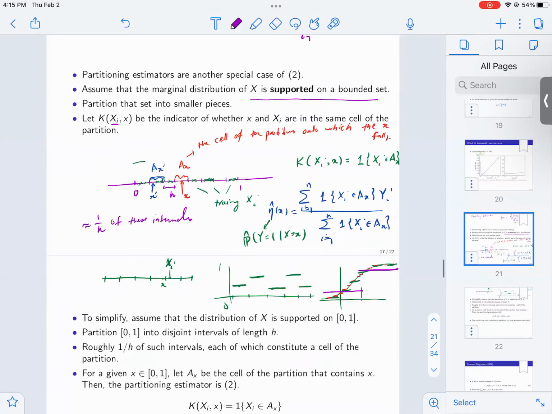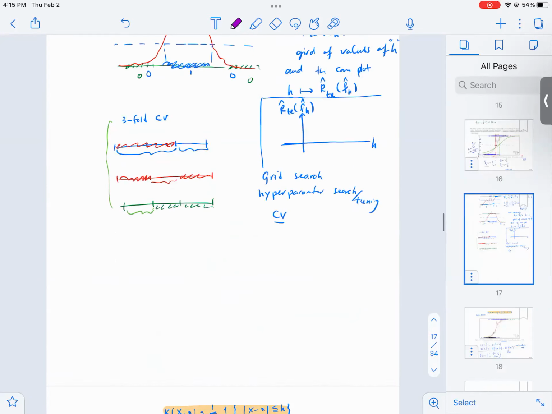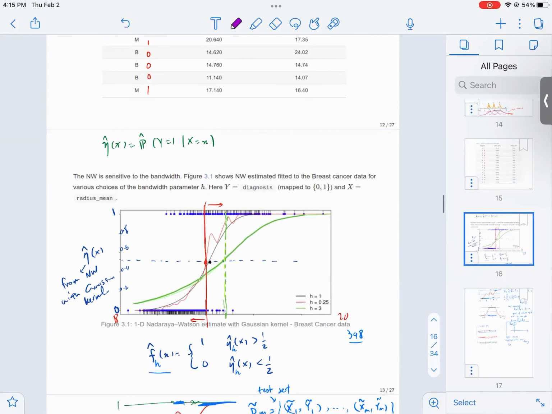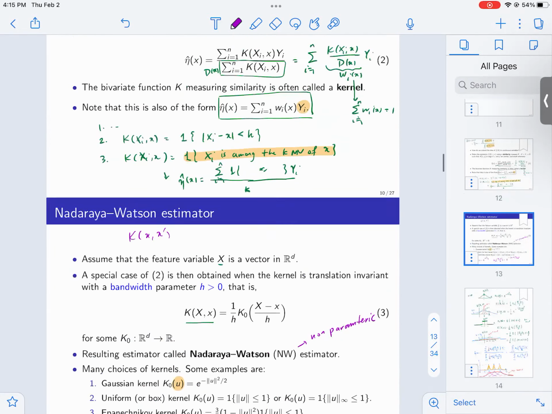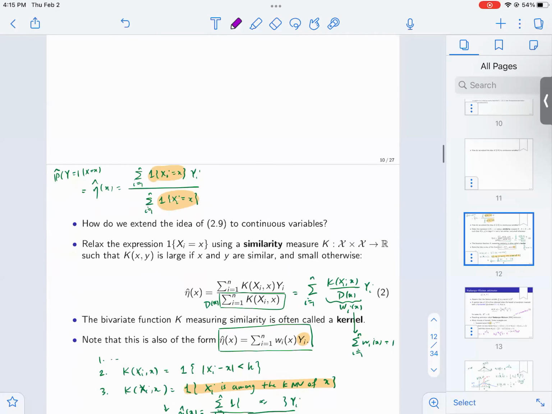So this estimator, although I did it for binary y, turns out to be these smooth things that go from 0 to 1 because y is binary, 1 or 0. But this regression estimator actually works for general y, as long as y is real valued.